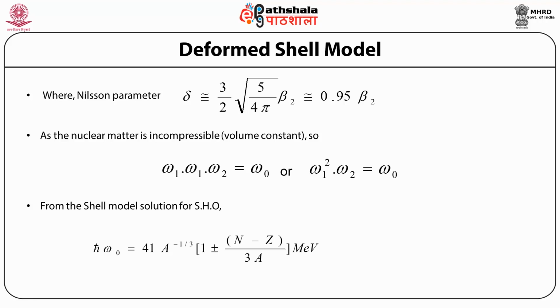That is, h bar omega is nothing but the energy, the ground state energy. It is given by A and is a function of N minus Z, where the negative sign is used to get the h bar omega 0 value for protons, and the positive sign is used to get the h bar omega 0 value for neutrons.